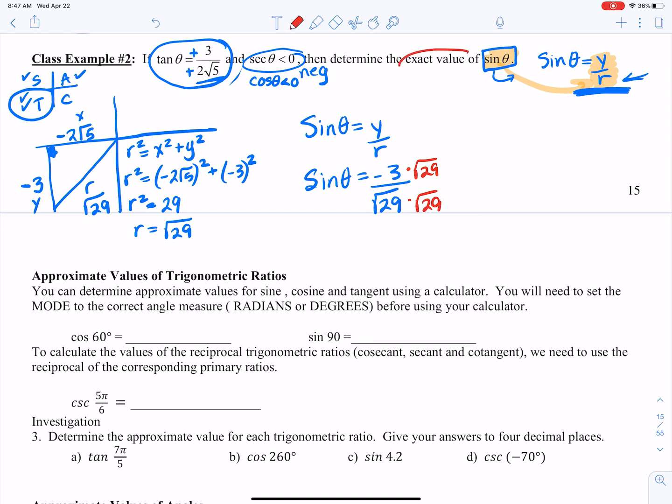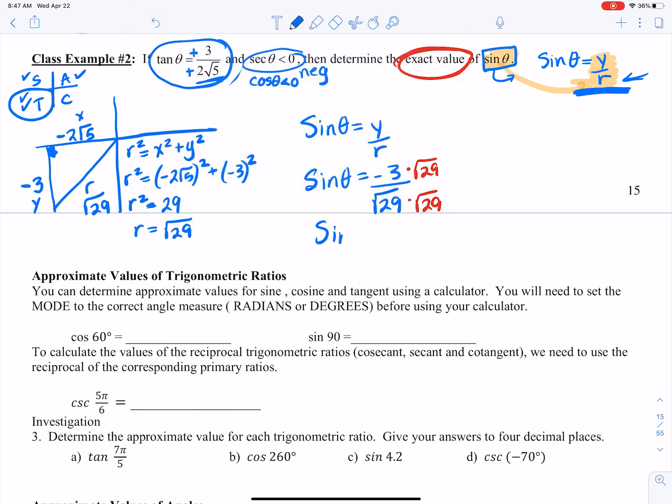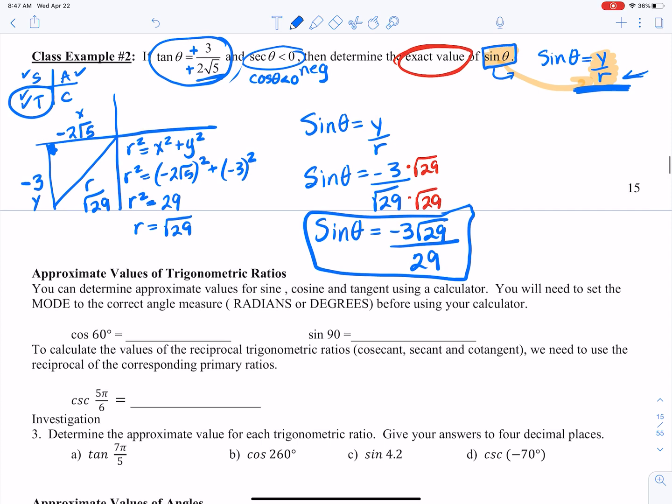And they're asking for an exact value, so I don't want any decimals. So we end up with negative 3 root 29 all over 29. Again, these are really important questions. It's a big idea for this section of the unit.